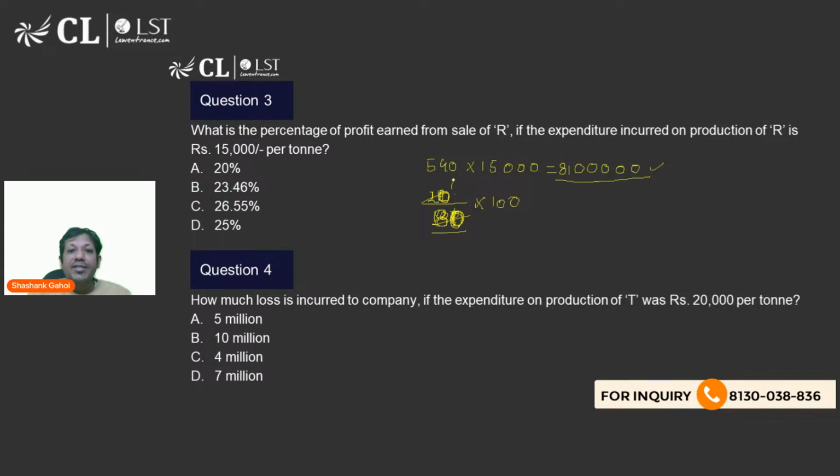So I have increased the numerator, decreased the denominator. It means I am taking a higher value. So this can't be the answer, and 19 over 81 is definitely greater than 20%. So this also cannot be the answer. So my answer of this question is going to be 23.46%. And that's as simple as that.